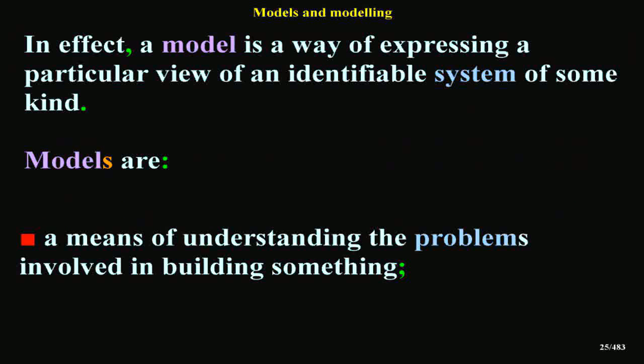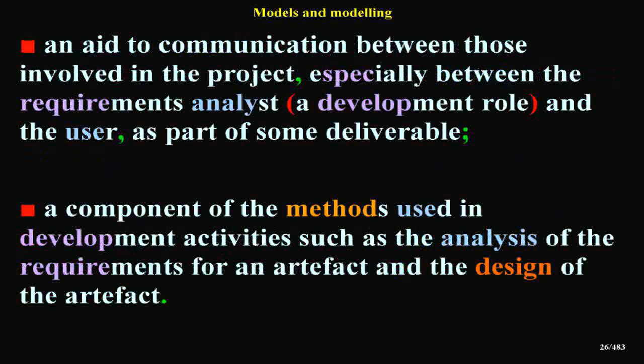Models are a means of understanding the problems involved in building something, an aid to communication between those involved in the project, especially between the requirements analyst, a development role, and the user, as part of some deliverable. A component of the methods used in development activities such as the analysis of the requirements for an artifact and the design of the artifact.